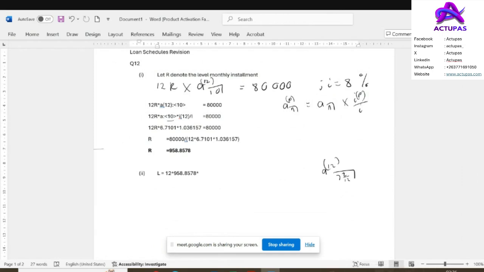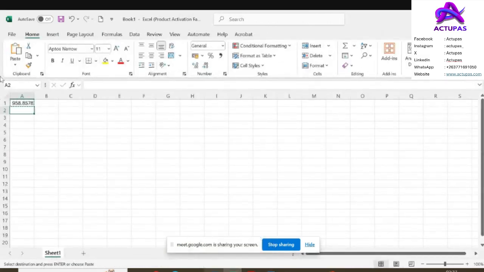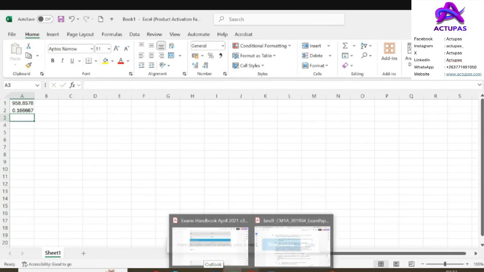So this would then be A 12, then 7 and 2 over 12. 2 over 12, that's 1 over 6. This is equal to 1 divided by 6, 0.1667.